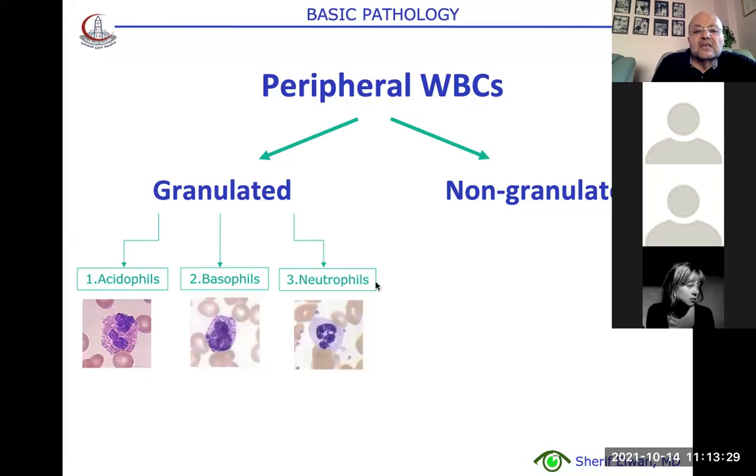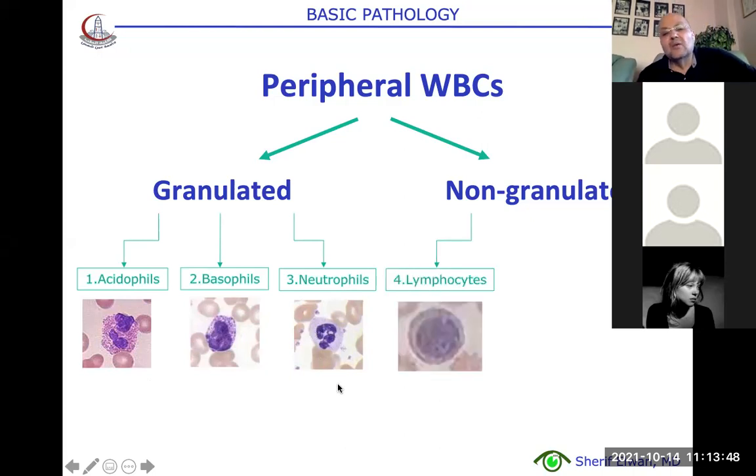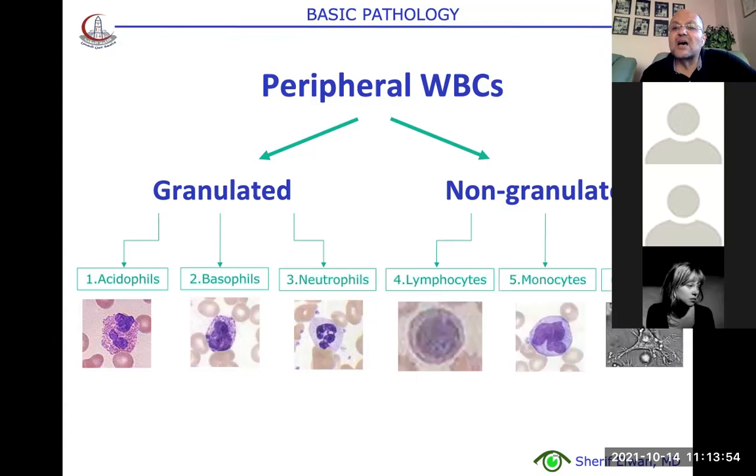And the neutrophils have a granular cytoplasm, not smooth, but it doesn't take either the red or the blue stain. As you can see, the acidophils have a bilobed nucleus, basophils have a rather kidney-shaped nucleus, and neutrophils have a multi-lobed nucleus. While non-granulated peripheral blood cells are the lymphocytes, the monocytes, and the reticular dendritic cells.